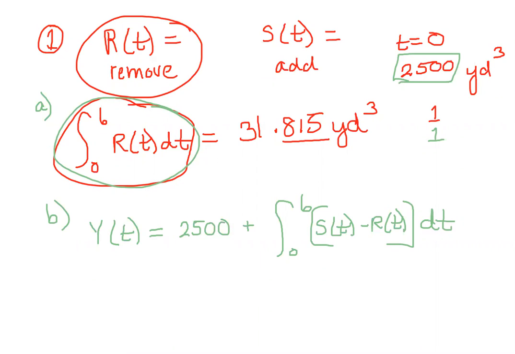Okay, does that make sense for you? Because here's what we start with. This is how much sand is being added to the beach. This is how much sand is being taken away from the beach. So if we take how much is being added, subtract how much is being taken away, and add that to the 2,500, then we get the amount of sand on the beach at time t. Oh, well, no, this is a little wrong.